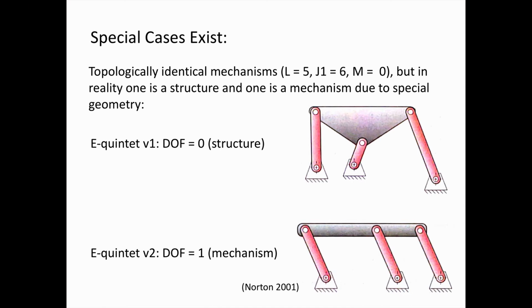So for example, in the upper figure, it's a structure, and that's what Kutzbach's equation would predict. The number of degrees of freedom is 0. But if we were to change the geometry of the links such that 3 of them are in parallel, then this would permit 1 degree of freedom, and this would be a mechanism, even though Kutzbach's equation predicts that it would be a structure.